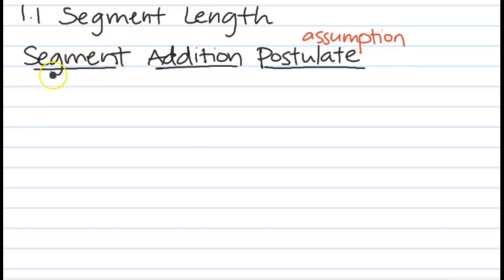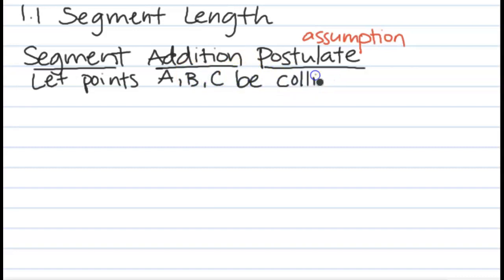All right, let's get into the postulate. Let points A, B, and C be collinear. So these points do lie on the same line.